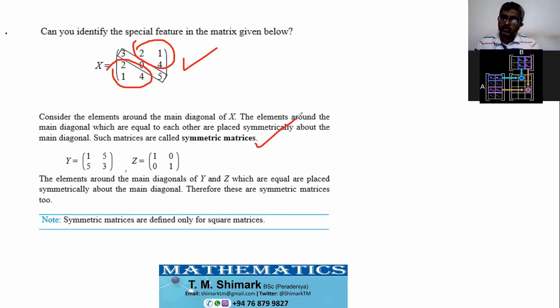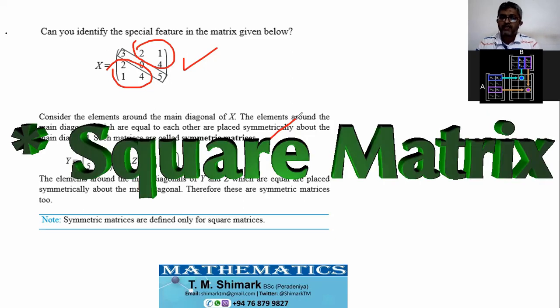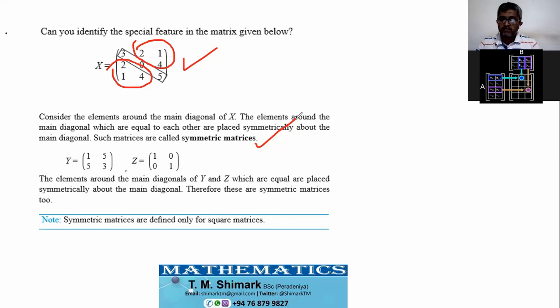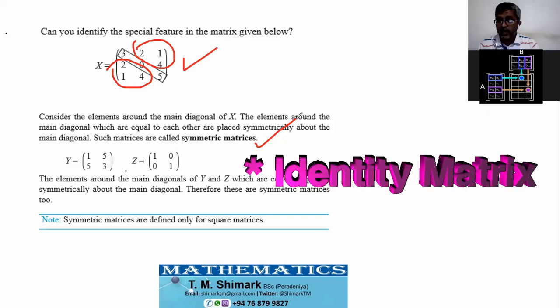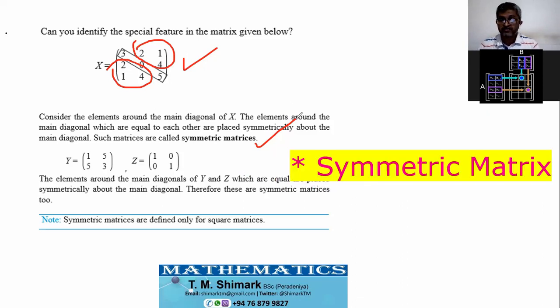So we have been coming across a few, right? We have studied the order of the matrix, and then we came across the square matrix, and then the identity matrix. We are coming across symmetric matrices. So the diagonal is dividing.